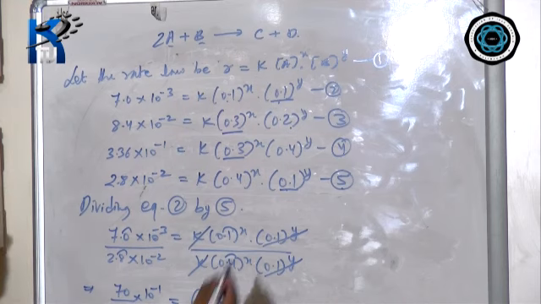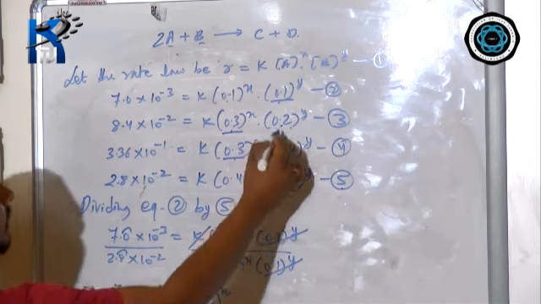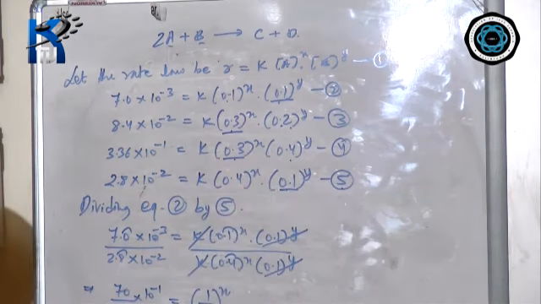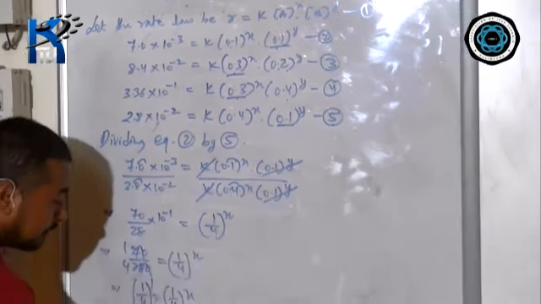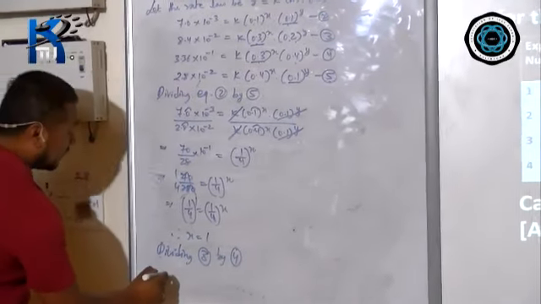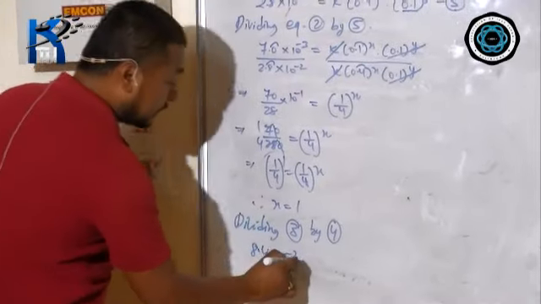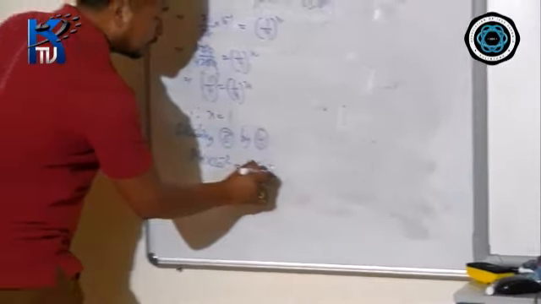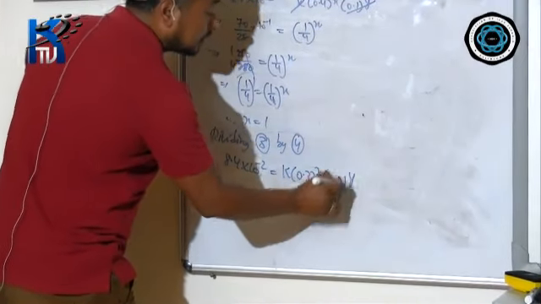Now let us divide 3 by 4 so that I can cancel x to get y. So dividing equation 3 by 4. What is equation 3? 8.4 × 10^-2 equals k, 0.3 to the power of x, 0.2 to the power of y.